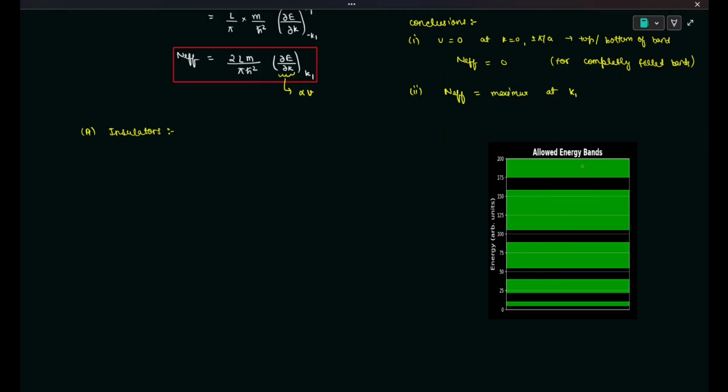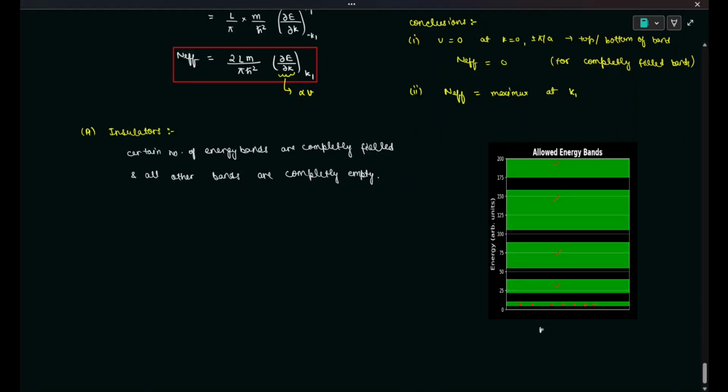They were the energy allowed bands, and inside each band there can be an effective number of electrons. So let's say these lower bands are completely filled and there is no space for any other electrons, and all the rest of these bands are completely empty. This is the situation when the temperature of the system is at 0 Kelvin.